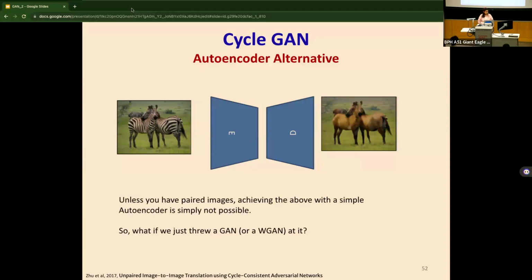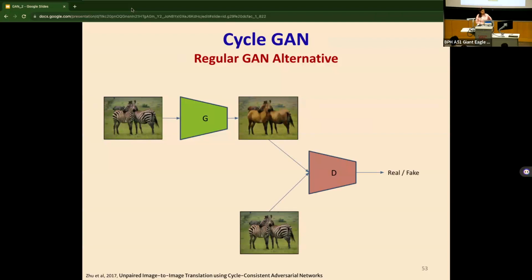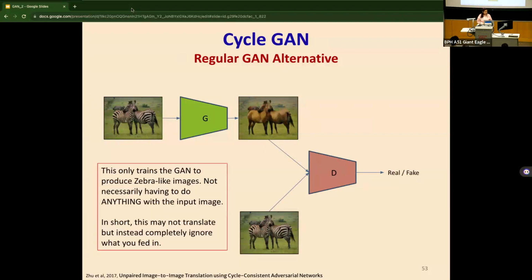But how about a better version of that? Say we put it into our vanilla GAN. You have the input image of a zebra, you put it through a generator and generate a horse. And this now goes into your discriminator to decide whether it is real or fake. The problem with this would be that once this particular image is generated and it sees a horse, the discriminator would keep on learning whether this particular image is a real horse or not.